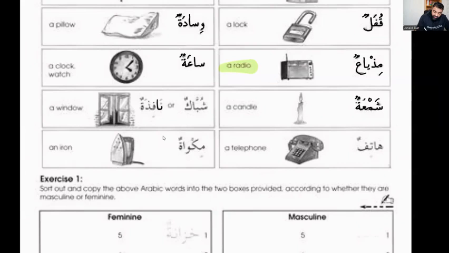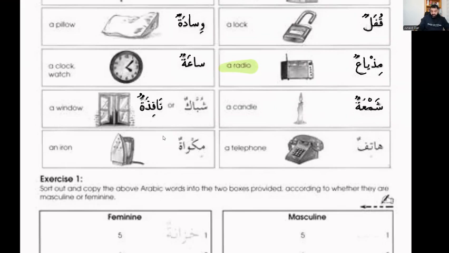Let's use the one I'm highlighting here. What would that be? That is na, so that's a noon. Nafizatun.